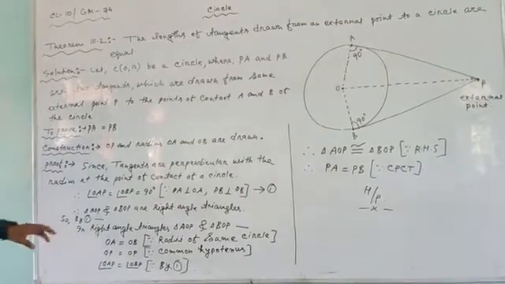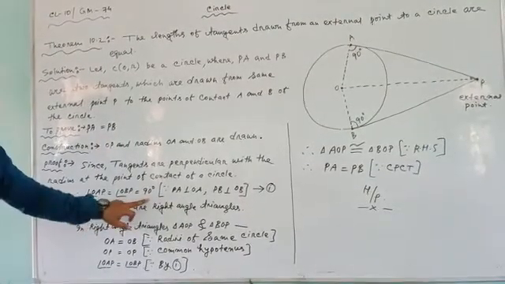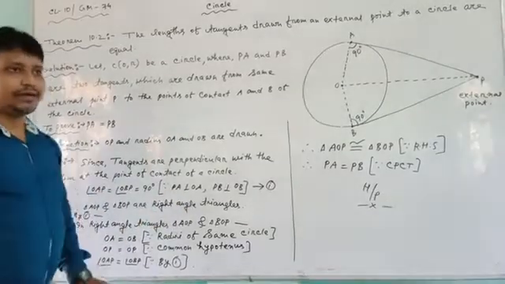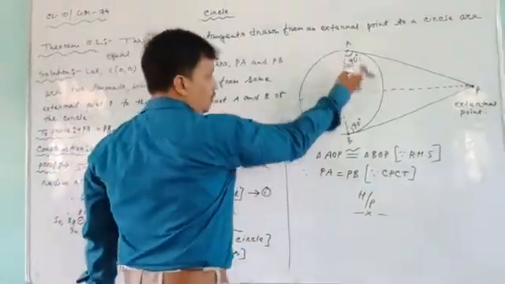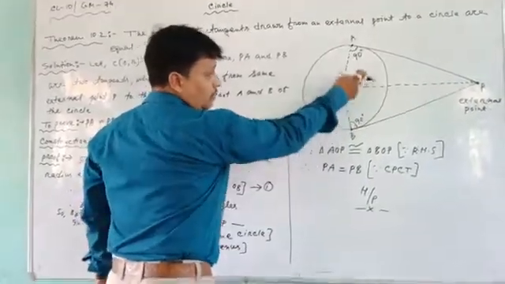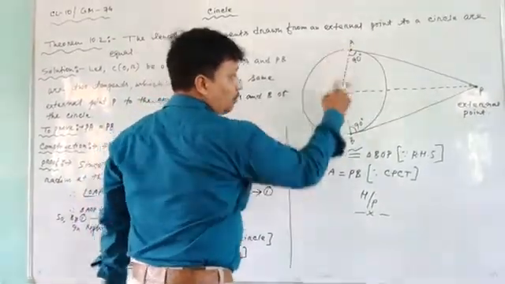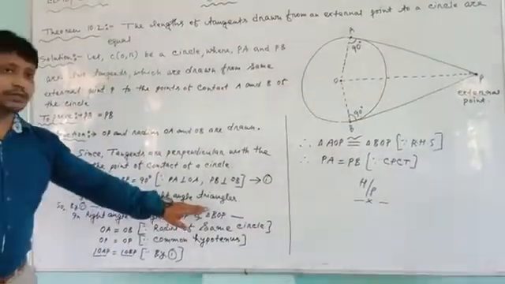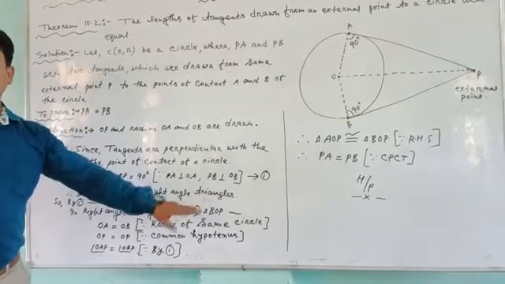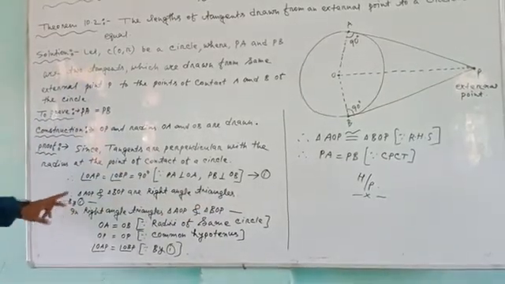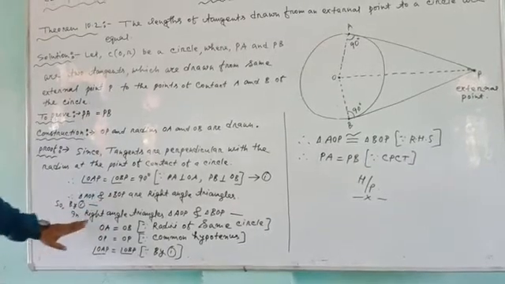So now you see, if these two angles are 90 degrees, that means both the triangles are right angle triangles. AOP and BOP are right angle triangles, already proved. Next statement. So by statement number 1 we can write what?